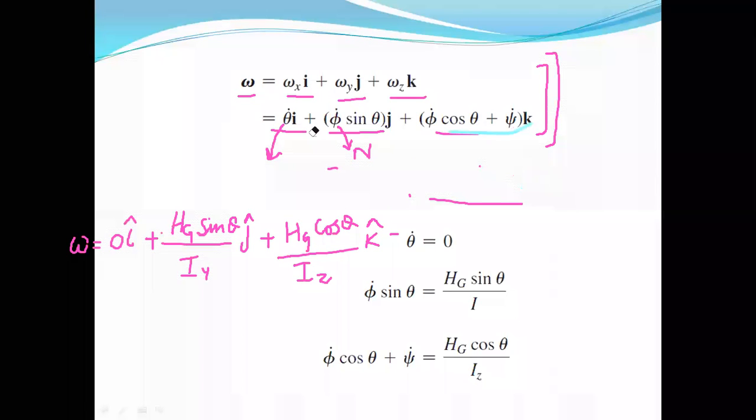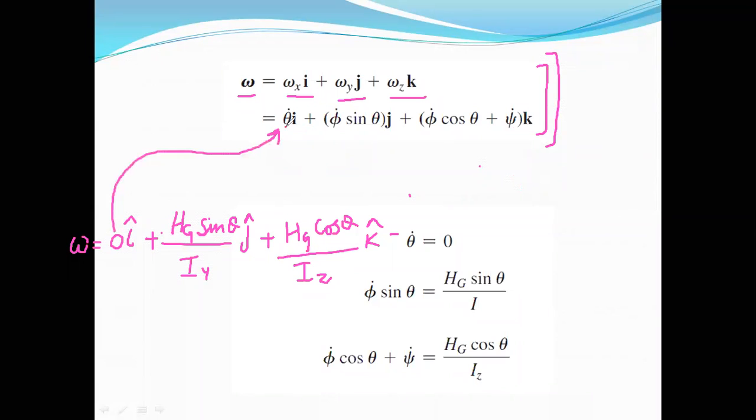If we compare these two equations, then we have first the i components. So theta dot is equal to 0. The second is phi dot sine theta has to be equal to hg sine theta by Iy.